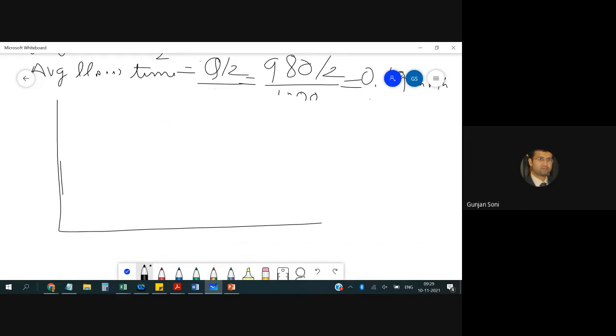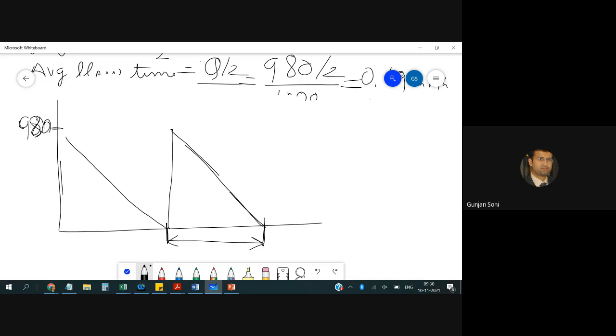Let's say we start with Q star, that is 980 units here, and it gets depleted like this. When it reaches zero, we place an order and we get it back. So reorder interval means the time difference between these two.